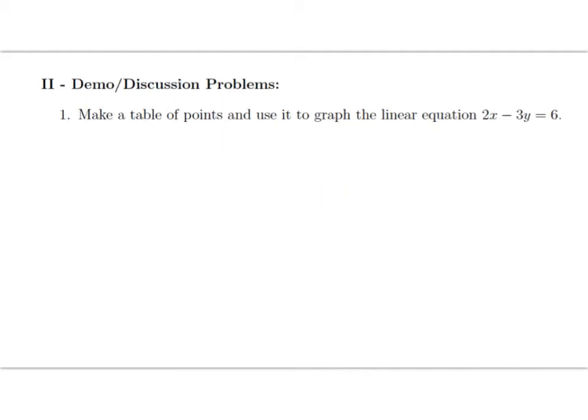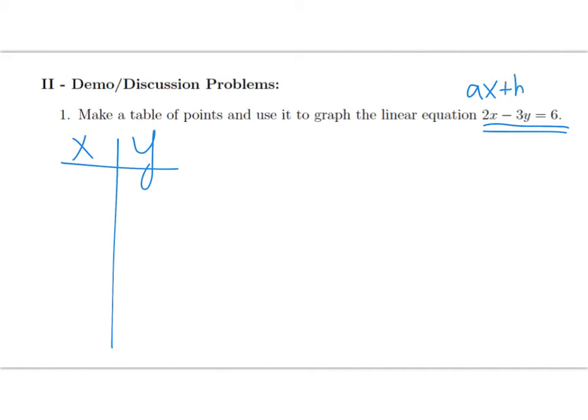In this problem, they ask us to make a table of points. Now, I'm feeling kind of lazy. So I strongly recommend you always find an x or a y-intercept, especially when you have a linear equation in this standard form, ax plus by equals c.